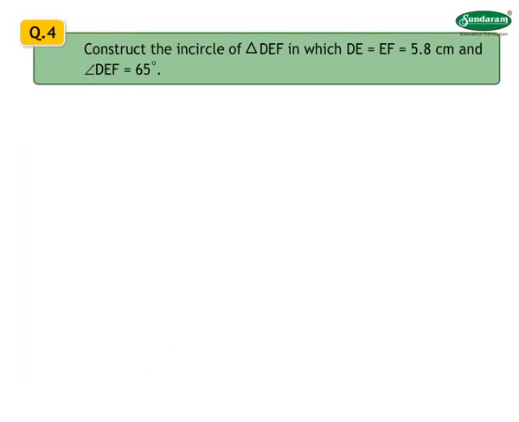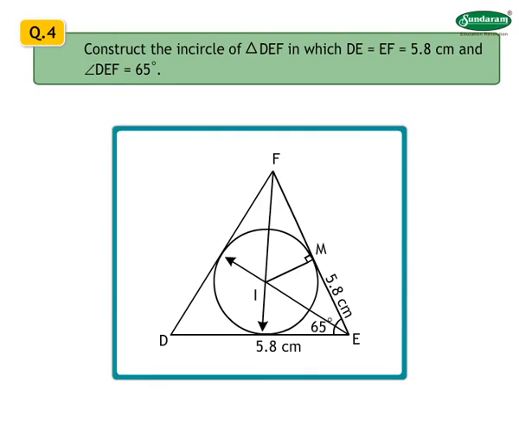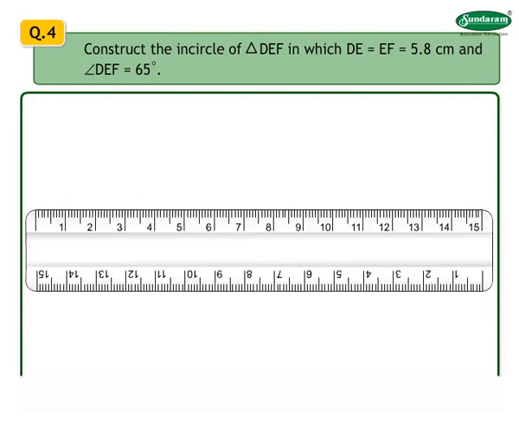Question 4. Construct the incircle of triangle DEF in which DE is equal to EF is equal to 5.8 centimeters and angle DEF is equal to 65 degrees. Solution.